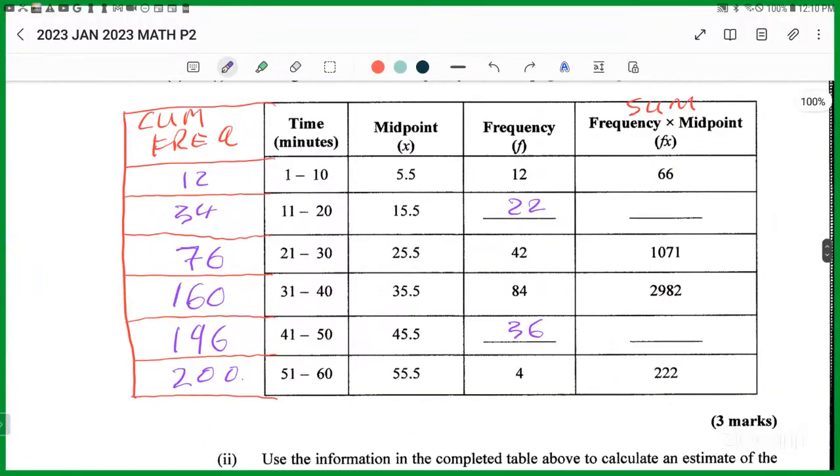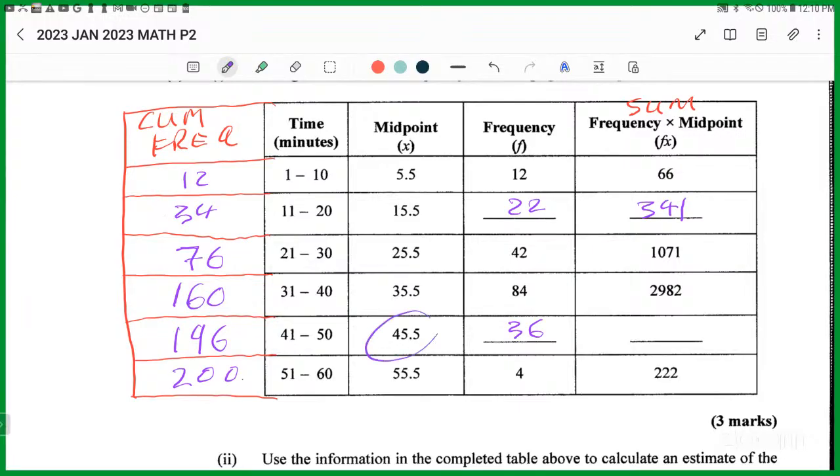Yes, sir. All right, so let's fill these out now. To fill this out, I need to multiply these two values. I'm going to multiply on my phone right here. 15.5 times 22, I'll put that value here. That is 341.